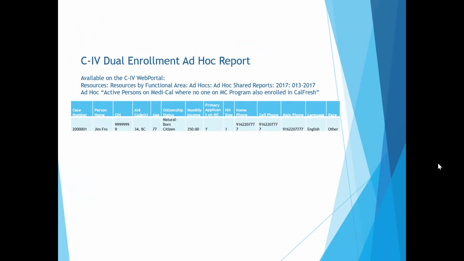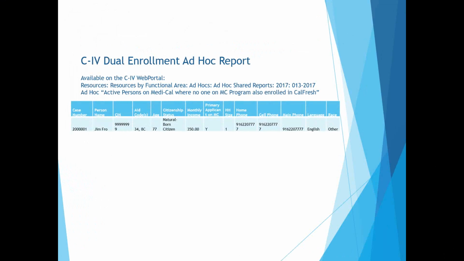As we know, some of the ways that MediCal and CalFresh treat income are different, so we figured if we have some reported income in our system, we wanted to use that information. Then we included things like household size and some contact information, the idea being that when we filtered this list down, we could hopefully use it as a list to contact people. And then also some demographic information there.